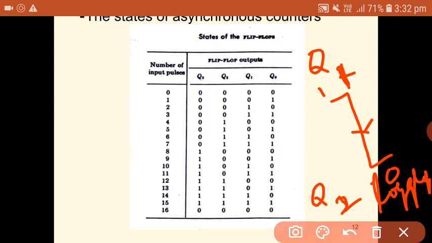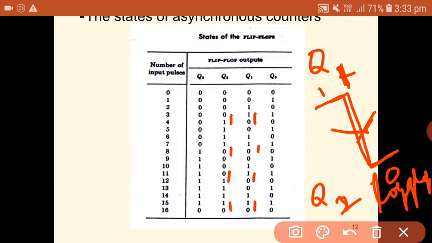If you observe, whenever Q1 is changing its state from logic 1 to logic 0, then only Q2 toggles.